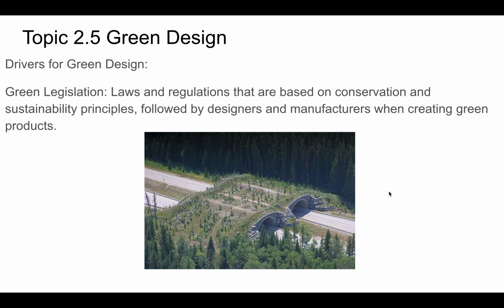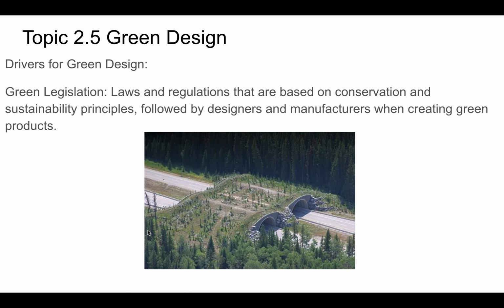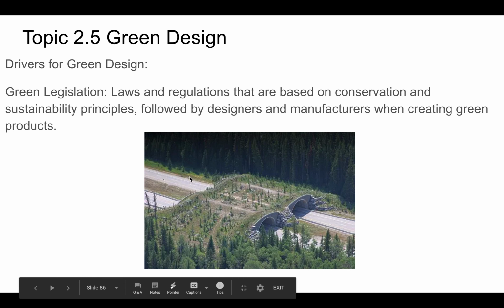So, for instance, now in a lot of countries, when they build roads, what they've noticed is that the roads act as a barrier to species. It's dangerous for, I don't know, a bear or something that lives on this side of the road to cross to this side, and that acts as a barrier to their genetic diversity, and it actually over time will cause them to go extinct.